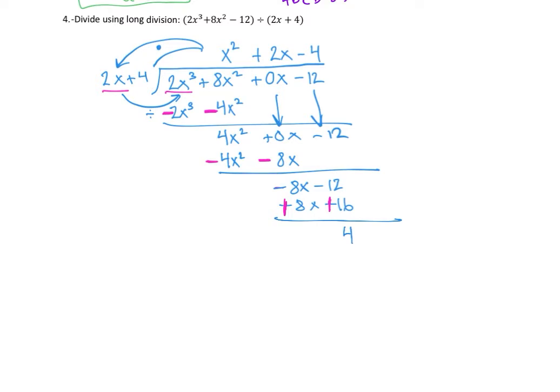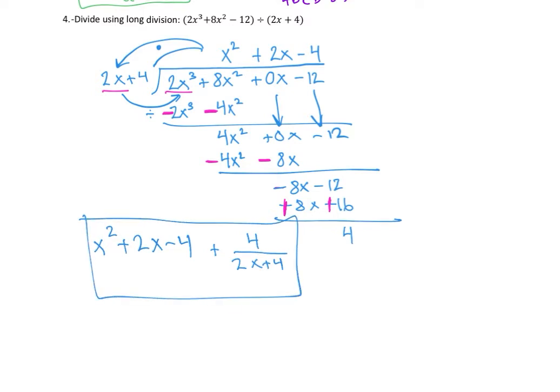So our final answer then, or 2x cannot go into 4, so we have x squared plus 2x minus 4 plus 4 over the divisor. And that is our final answer. Okay, so that is it for page 2. Let's go ahead and go on to the next page.